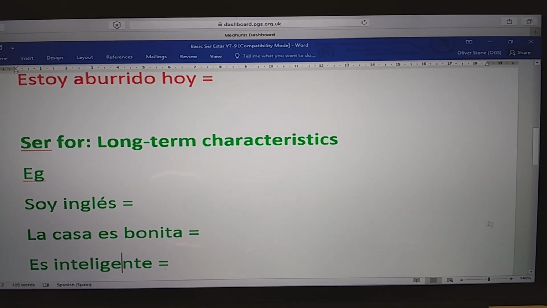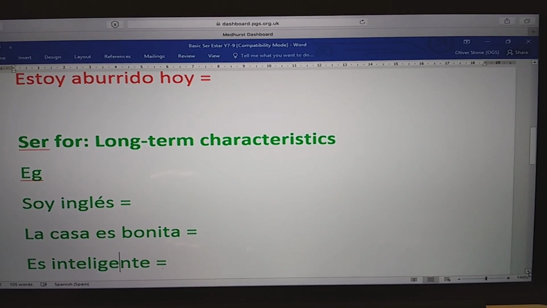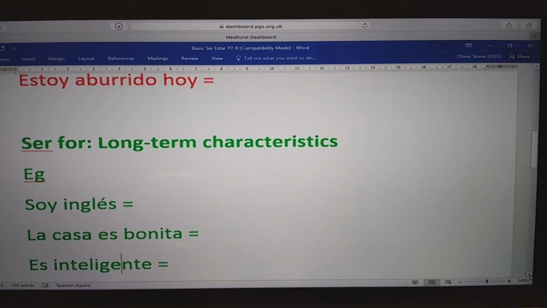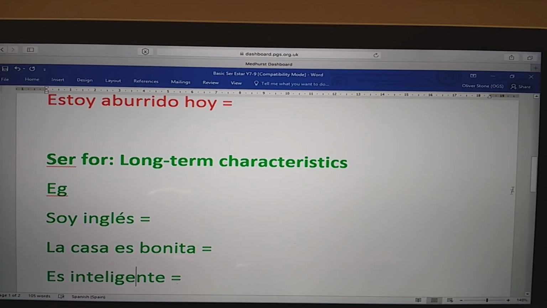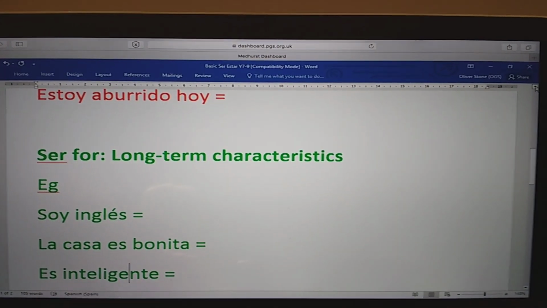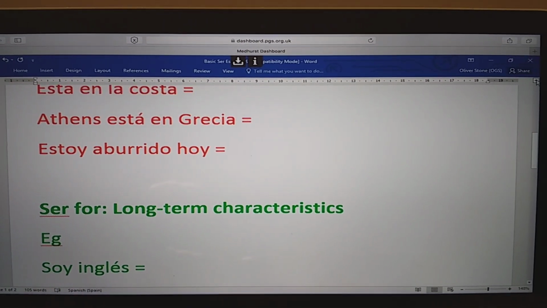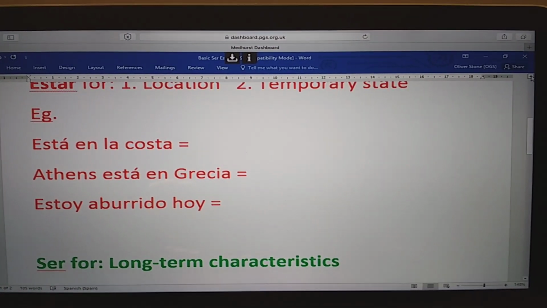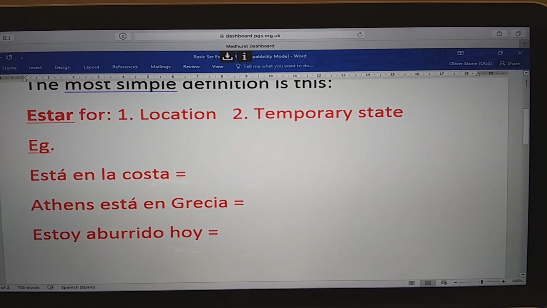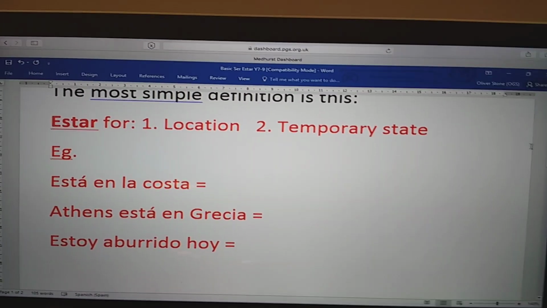It's not a temporary state, it's a long-term characteristic. Okay, so that is the broad difference between these two verbs. Okay, for to be, both of them mean to be. Okay, so we've got ser for long-term characteristics and estar for location, temporary state.